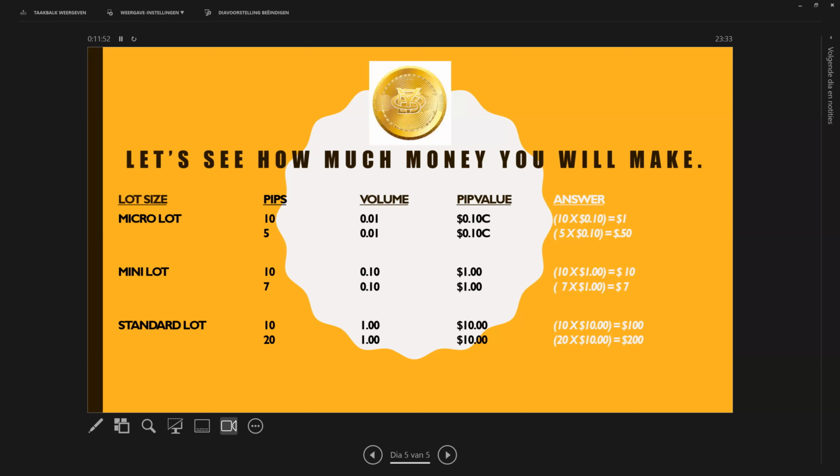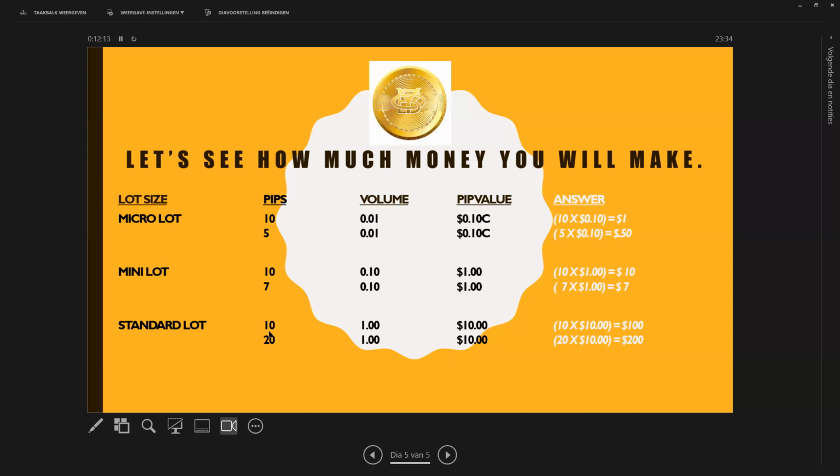Brilliant. Okay. Great. So now we're going to go to the bigger lot, the standard lot. We can see now that if we go for 10 pips, the volume is going to be 1, and the pip value is going to be $10.